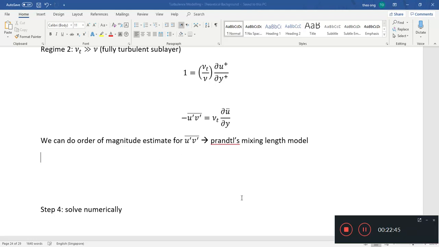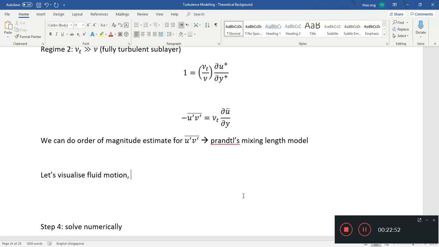Let's visualize fluid motion in turbulence. Usually it comes in the form of eddies.